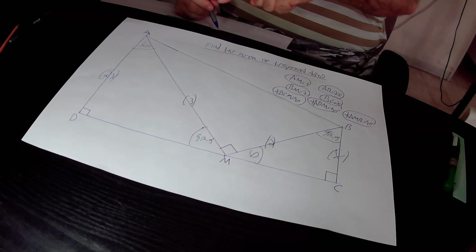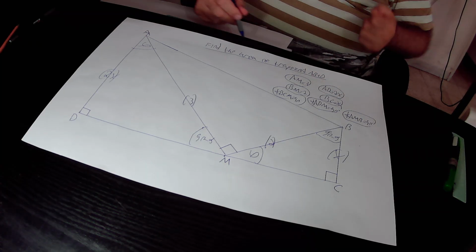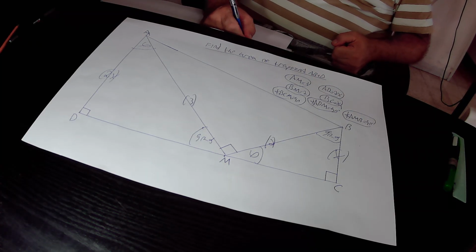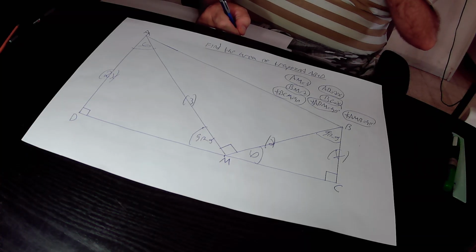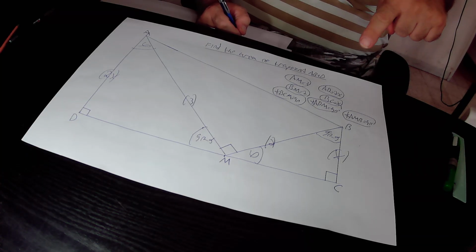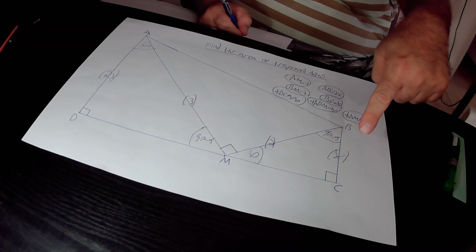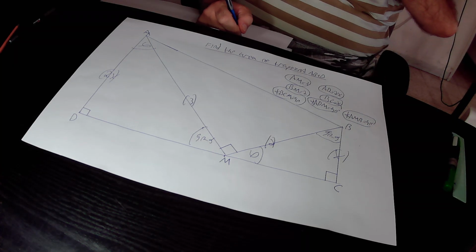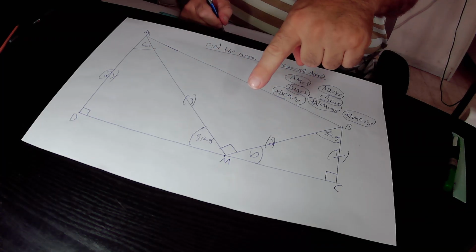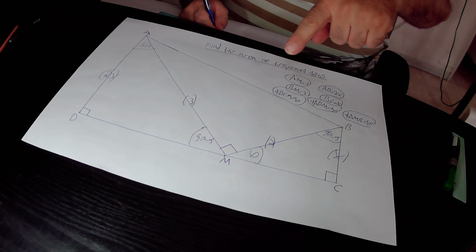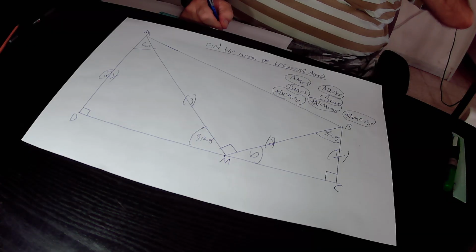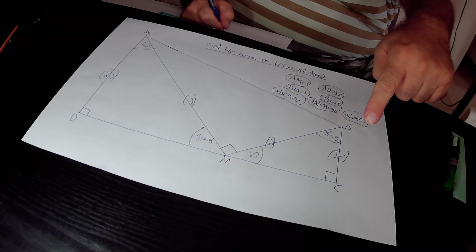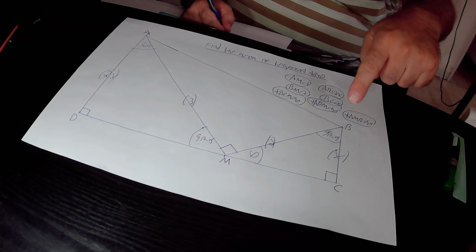We will derive that side AD of the big right triangle ADM over side MC of the small right triangle MBC is equal to side DM of the big right triangle ADM over side BC of the small right triangle MBC.